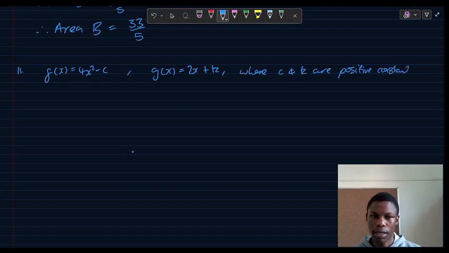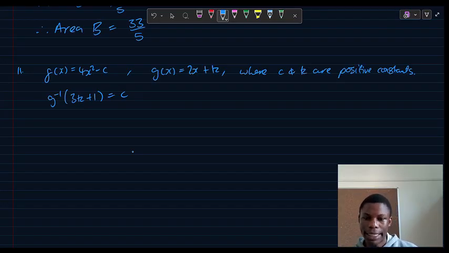And then it is given that g inverse of 3k plus 1 is equal to c. All right, that's useful information. Part A says, show that gf of x is equal to 8x squared minus k minus 1, 4 marks.